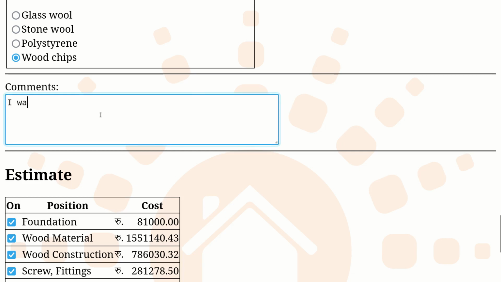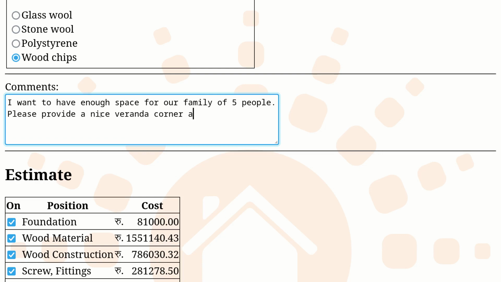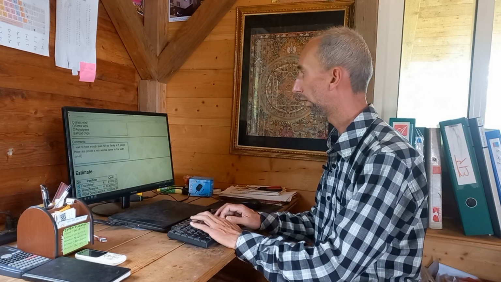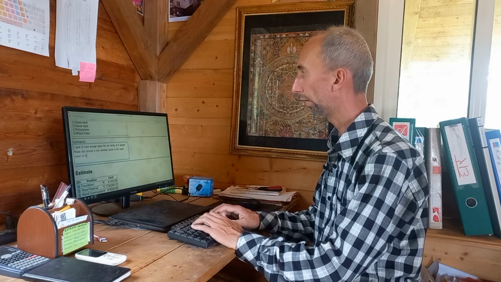And then, for example: I want to have enough space for our family of 5 people. Please also provide a nice veranda corner in the south corner of the house.